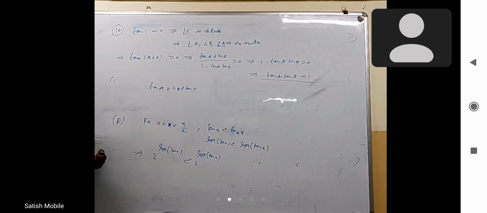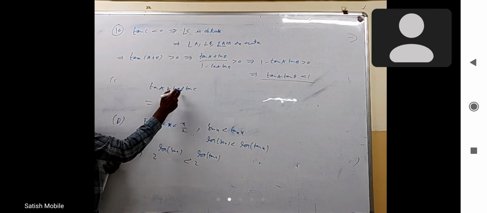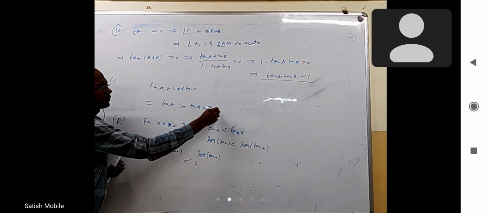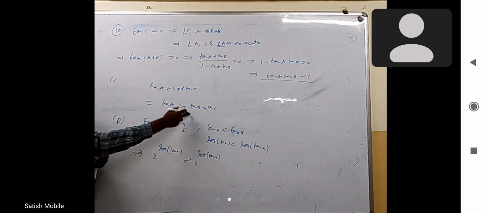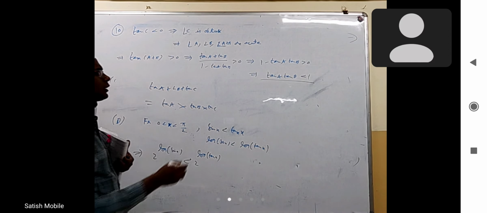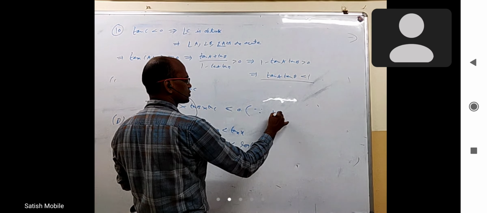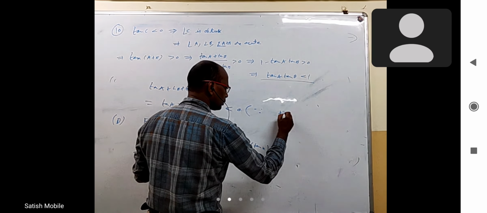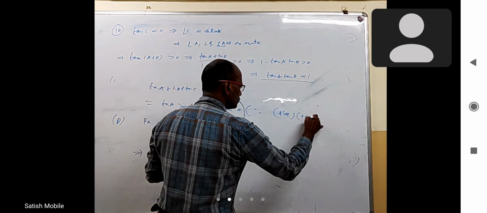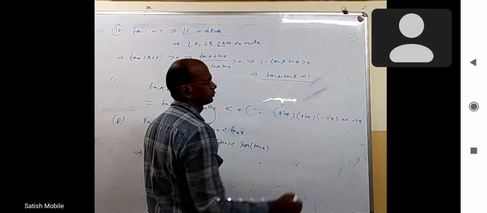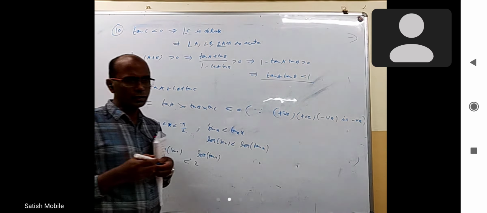But in any triangle, tan A plus tan B plus tan C is the same as tan A into tan B into tan C. The product is very easy. Positive into positive into negative will be negative only. So this is less than 0, since positive into negative is negative, right?